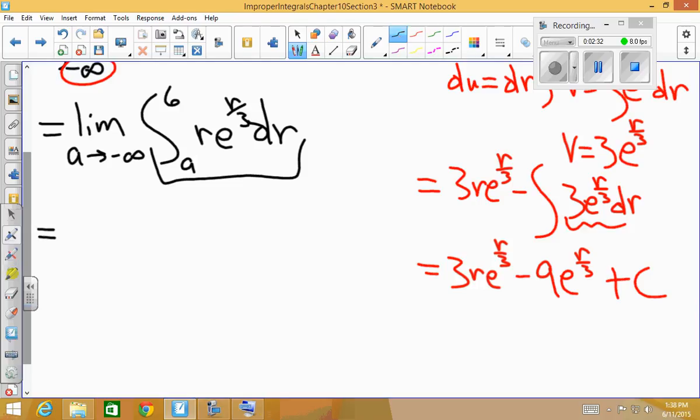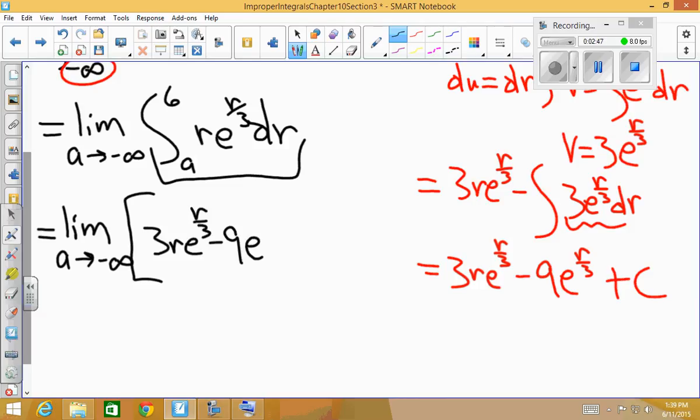Coming back over to our limit, we get the limit as a goes to negative infinity of our antiderivative evaluated from a to 6. Notice that now we're doing a definite integral here, so the plus c is not needed.